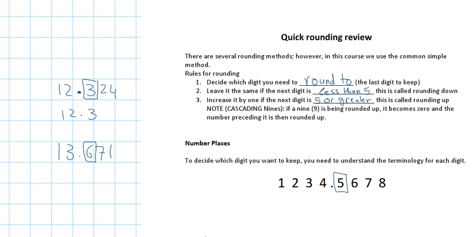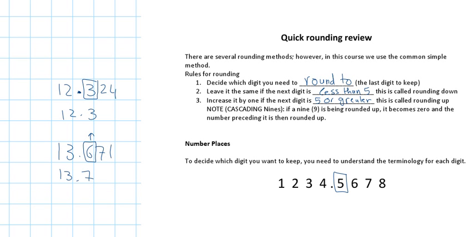Is 7 greater than 5? Yes, it is. So what happens is I have to round this 6 up. So that becomes 13.7. Okay? So it depends on the digit that comes right after it. If that digit is 5 or greater, you have to round it up.